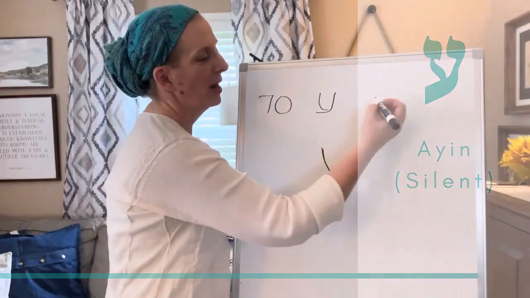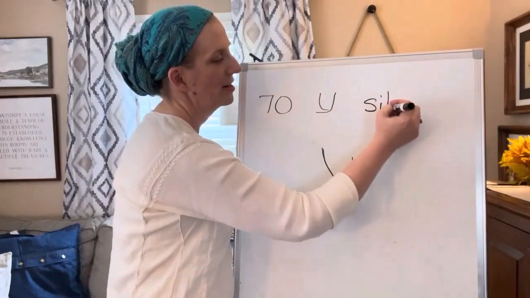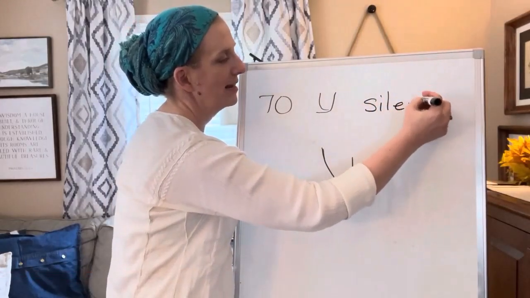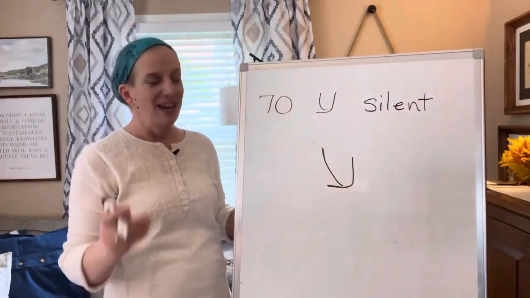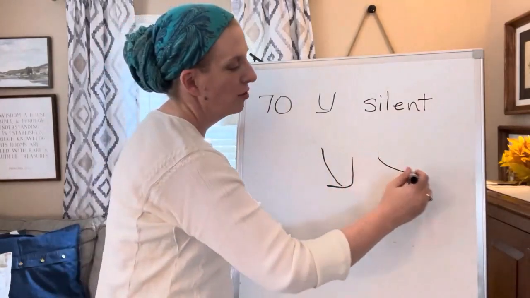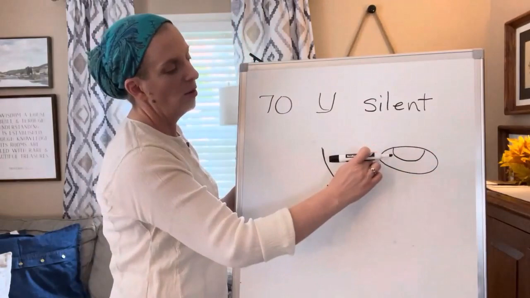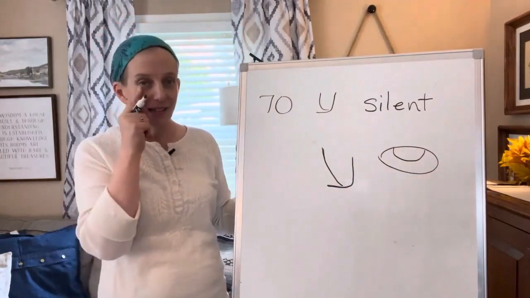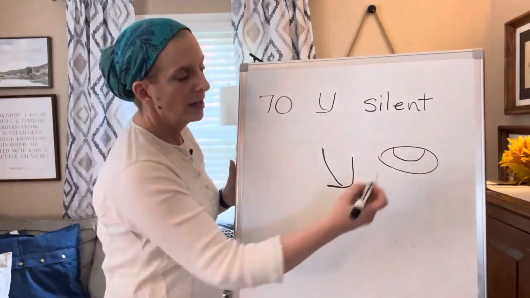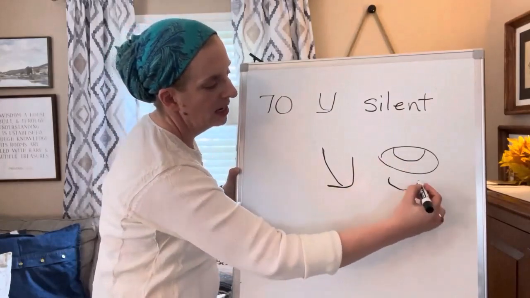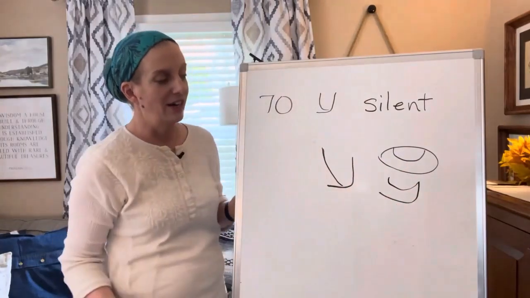And by the way, this is a silent letter, so it's not going to make any sound. And it comes from an ancient eyeball. So I'm going to draw it this way and make my eye. Okay, and it's almost like an eye, like this kind of eye, okay? So if you were going to do this, you can kind of see the eye right there, okay?